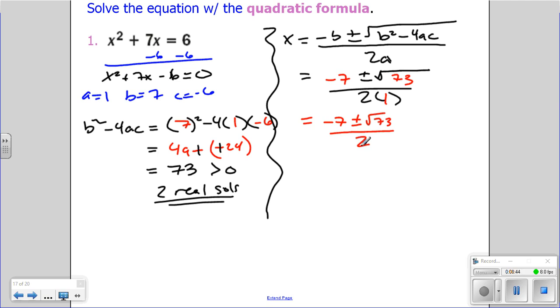And 73 is not a perfect square. It's also not nice. It will not simplify. So this is a perfectly good final answer, just like this. So this is what I would call an exact answer.